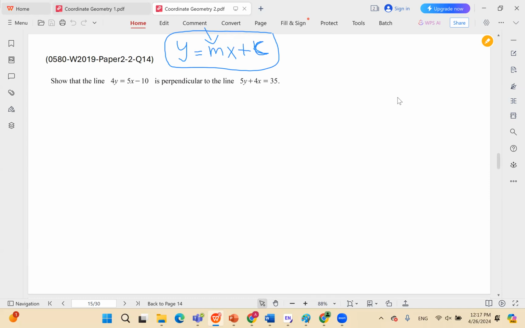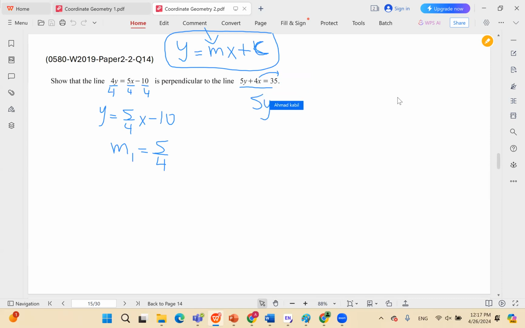So here we have 4y. So we need to just divide everything by 4. So y equals 5 over 4 x minus 10 over 4. And m1 here is just 5 over 4. It's the number next to the x. We're going to do this exact same thing for this other line. So first we isolate. So we take the 4x to the other side.